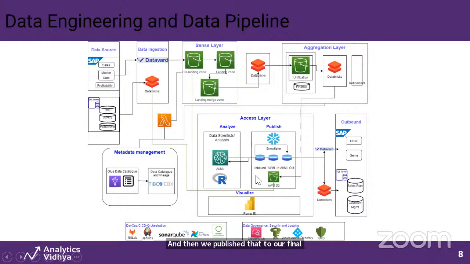Here it is our AML out database. This data we share, we create some reports on top of the data, and we visualize that data using Power BI or Tableau or QlikSense, any other visualization tool basically. So this is our final reporting layer.